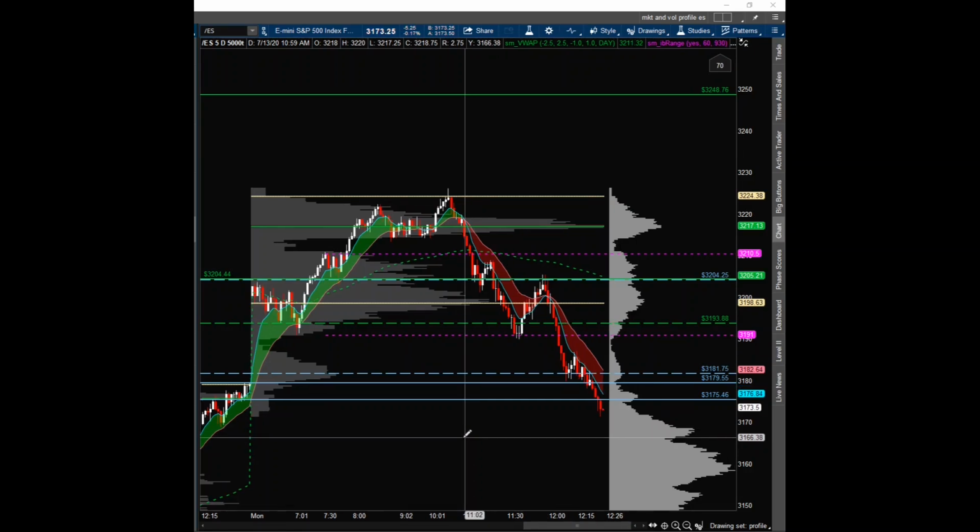But the cum tick is still positive on the Nasdaq, slightly negative on the New York Stock Exchange. Up down volume ratio is all negative. The New York Stock Exchange is minus 1.23, the Nasdaq is minus 1.19, and the Russell is minus 1.8. So we are getting a little bit of a sell-off right now.